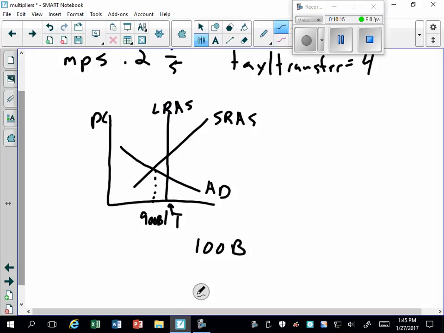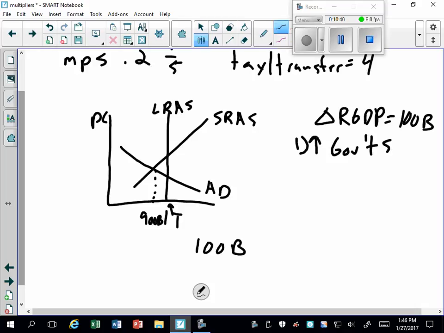That's the difference between the full employment output, which is $1 trillion, and where you currently are, which is 900 billion. So you need to get real GDP to change by $100 billion, and in this case we need to increase it by 100 billion. Our choices would be expansionary policy: increase government spending, decrease taxes, or increase transfers.